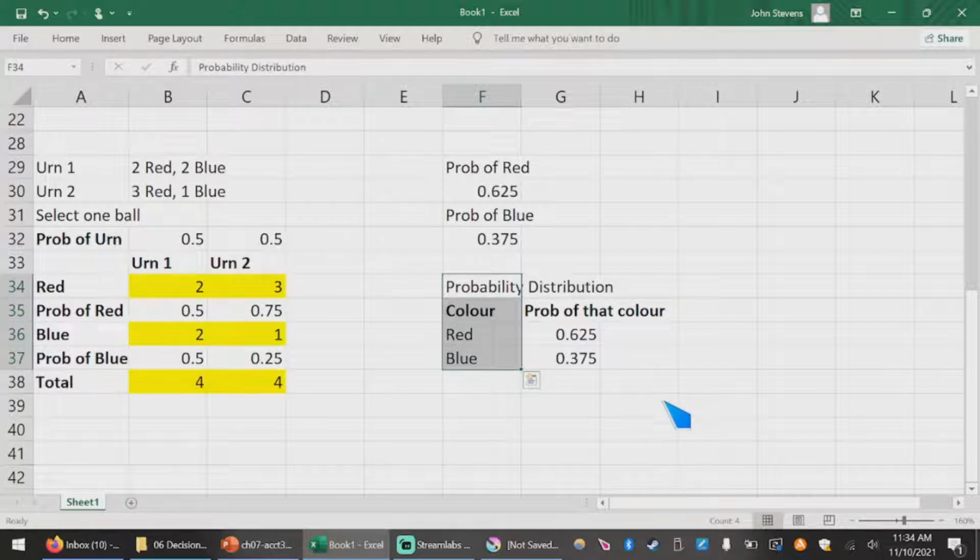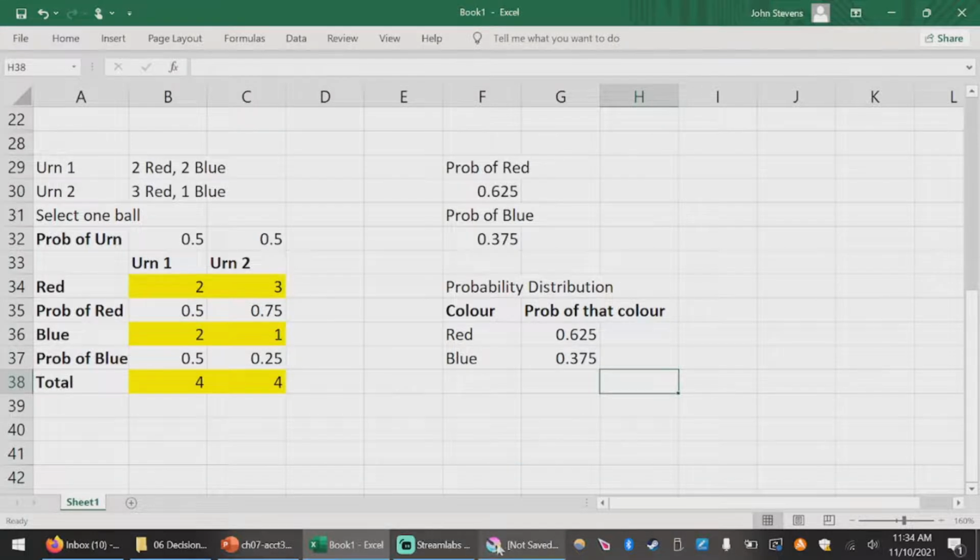Now, I can't do much with this in terms of finding an expected value or something like that because I don't have a numeric variable here. It's just the colors. So this is as far as my little example can go, but we'll soon see that I have a similar situation in the example that we want to discuss.